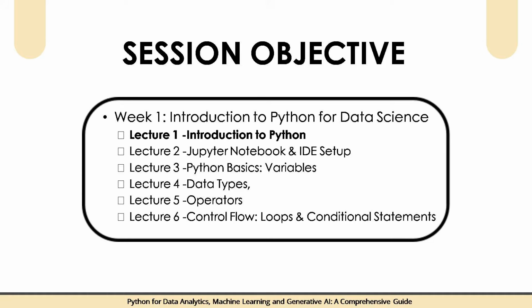In week 1, we begin our journey into Python for data science. First, we introduce Python, a simple, powerful language used in everything from NASA projects to Netflix recommendations. Next, we set up Jupyter Notebook and IDEs, which act as our workspace for writing and testing code.